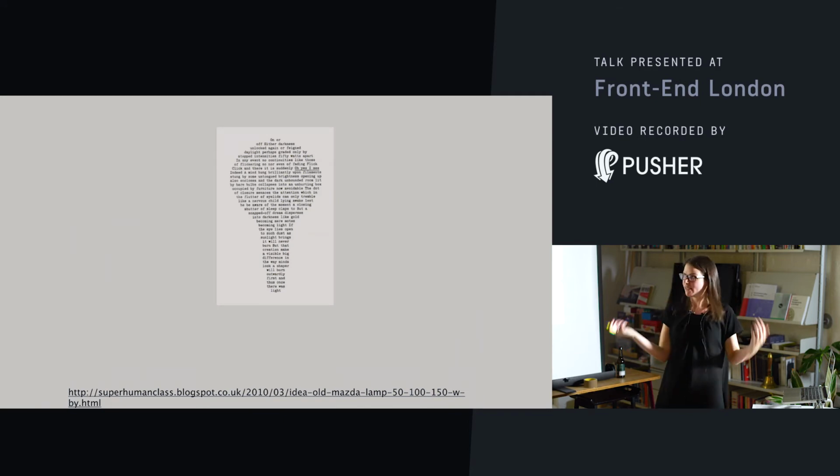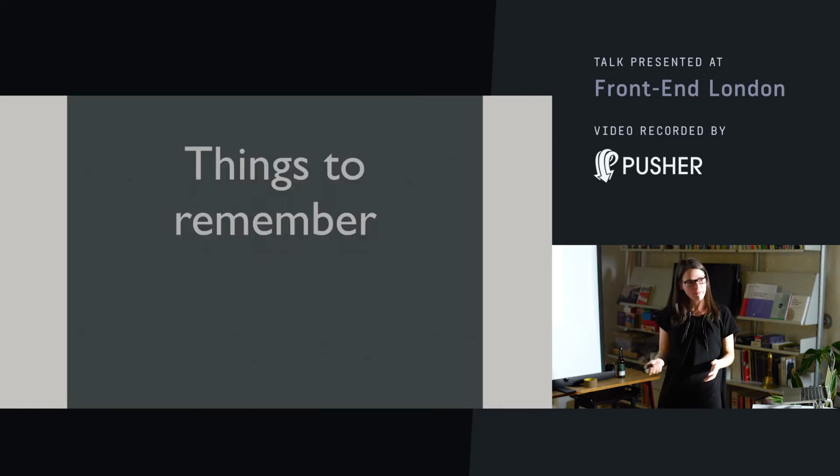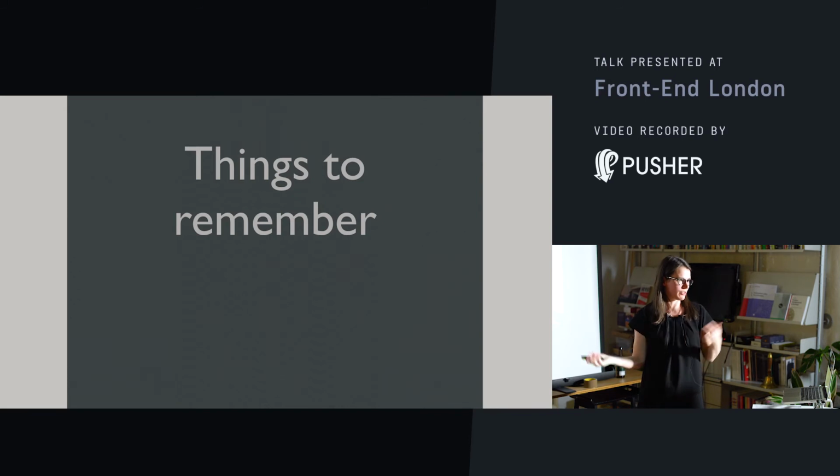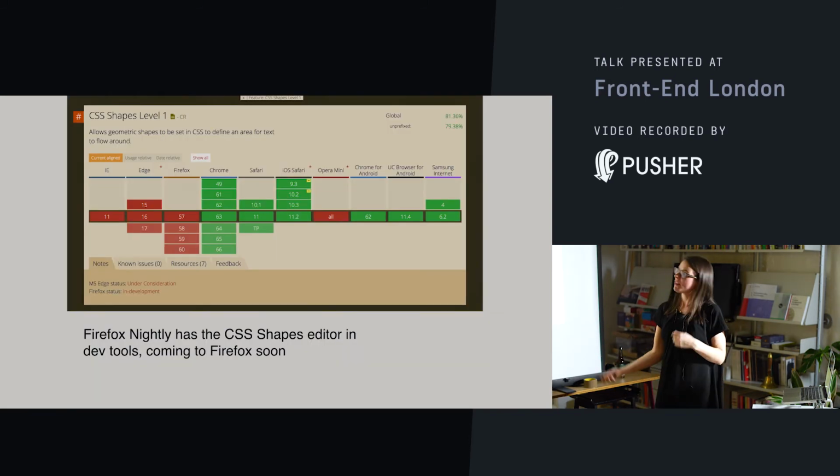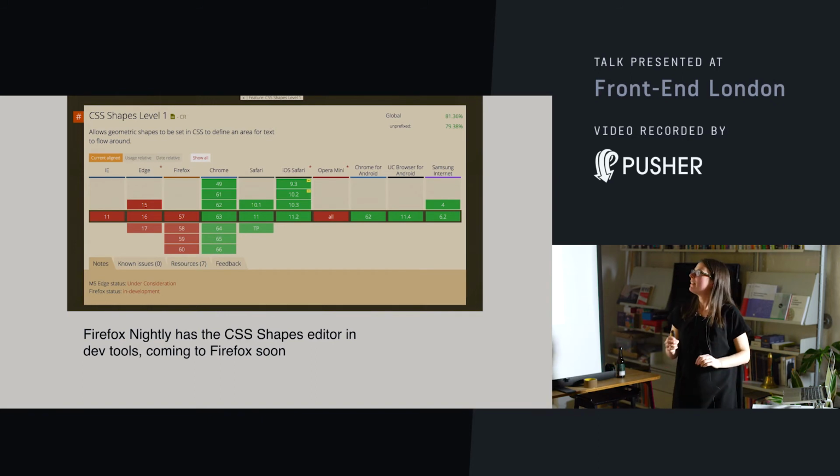So that's CSS Shapes. A couple of things to remember if you do want to take this away and go back to your homes and offices and start using it. Browser support. It's not great. That video that I showed you with Jen Simmons talking about the editor tools, she said that those tools will be available in Firefox 59. So I guess that's good.